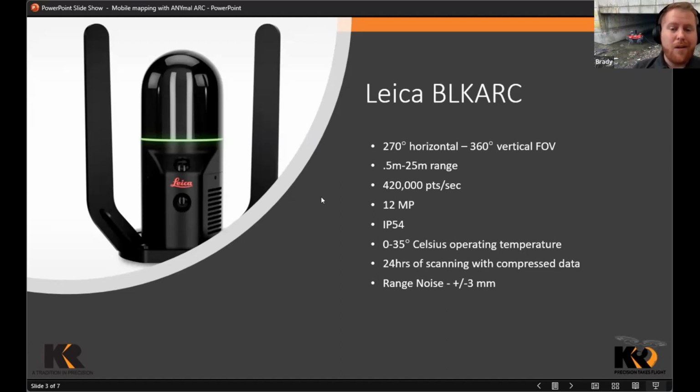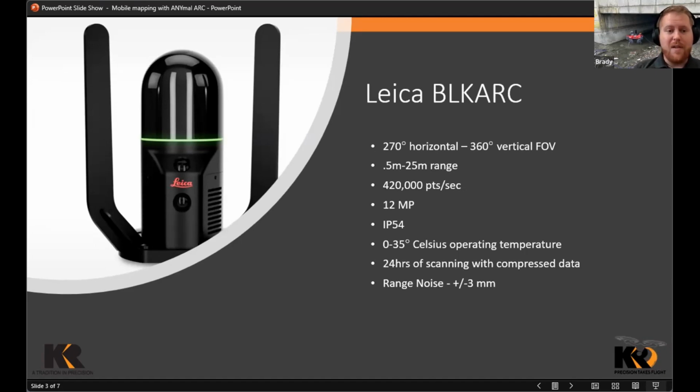The BLKARC system is able to scan 420,000 points per second. That's a lot of data. It has 12 megapixels combined across all the cameras. It is IP54 rated, which just means that it is water resistant, but not waterproof. So it's not fully submersible, but if you get caught in the rain, it's okay. It should survive as long as it's not a torrential downpour.